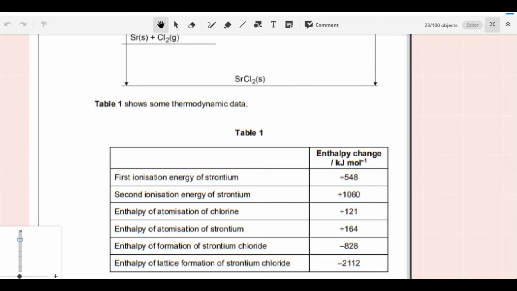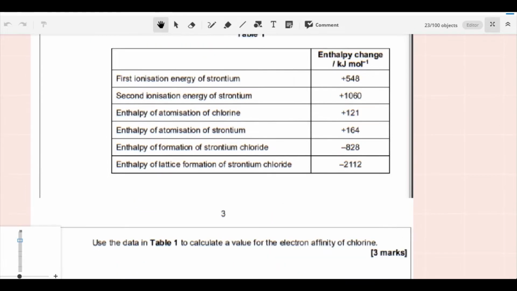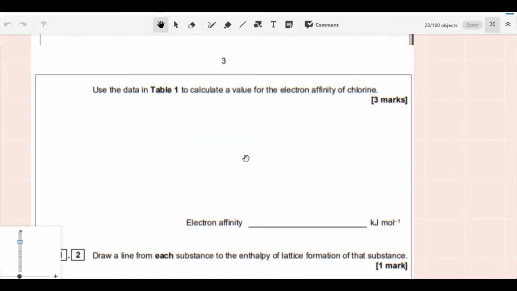A table is also given, so you can see the different energies present here. The question is: use the data in Table 1 to calculate the value of the electron affinity of chlorine. That is a 3 mark question.